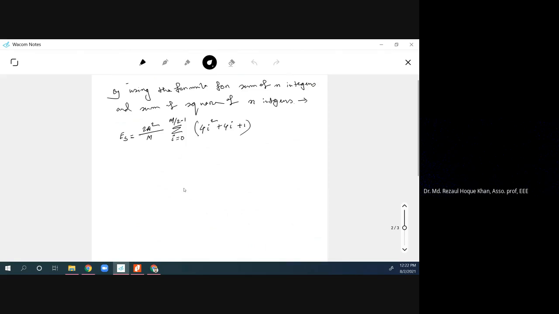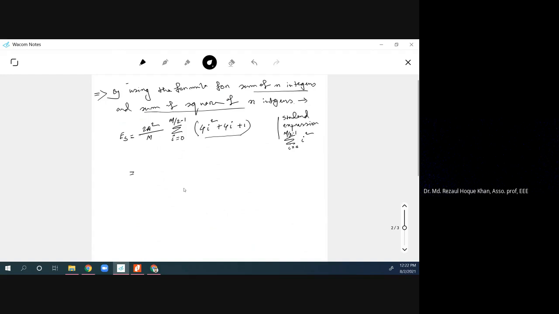Now we apply the formula of the sum of n integers and the sum of squares of n integers, with I from 0 to M/2 minus 1, in our case I squared.